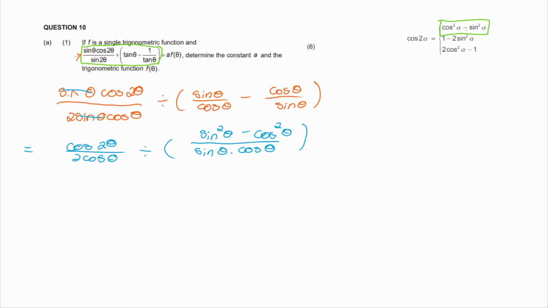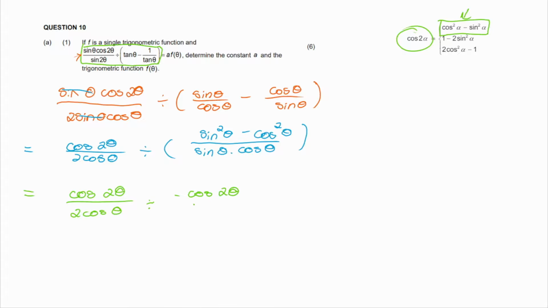If we have cos squared theta minus sine squared theta, then that's equal to cos 2 theta. And that's going to help us because that's going to make this thing smaller. But the issue is we don't have it in this order. So what we need to do is take out a negative to get it in that form. So essentially what we have is cos 2 theta over 2 cos theta divided by, and this is just going to be negative cos 2 theta.